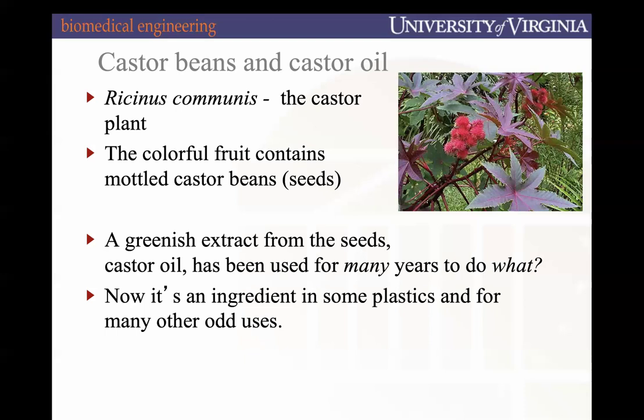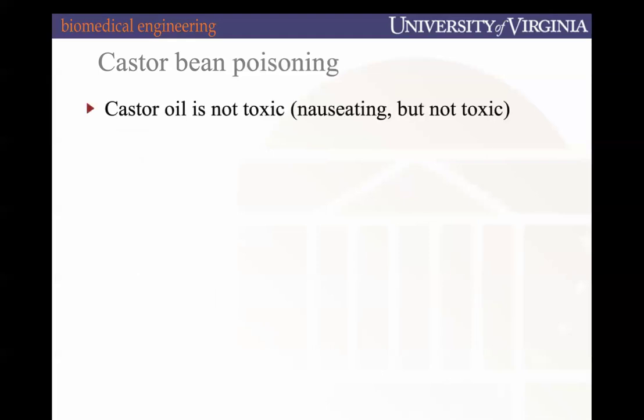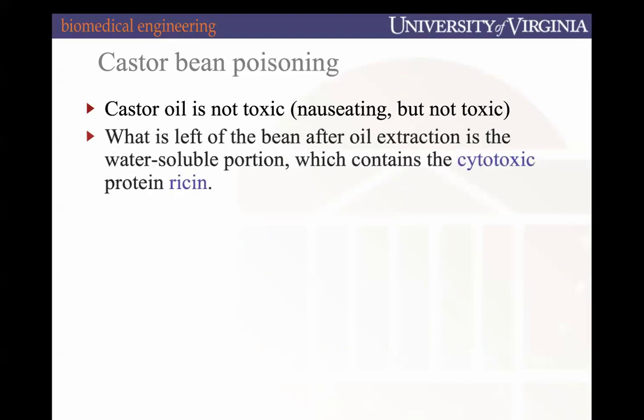But what's important is that when you take the extract and separate out the castor oil, the insoluble part, there's a soluble portion that's actually quite toxic. Again, it's not the castor oil that's toxic, but rather when you remove the oil from the extract and are left with this water soluble portion, that's the actual toxin that we've called ricin.